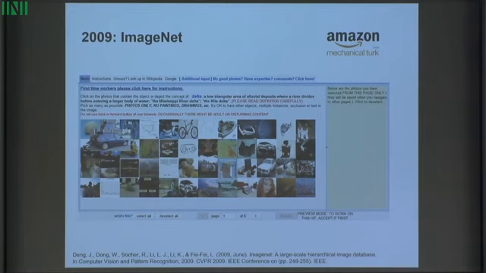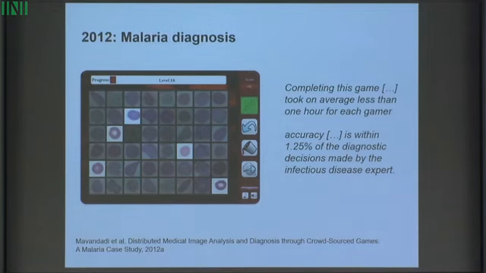However, a few years after ImageNet, I think the first medical application appeared, in 2012, with malaria diagnosis. This was actually a game where you had a tutorial, and then you had to diagnose images as being blood cells which were infected by malaria or not.